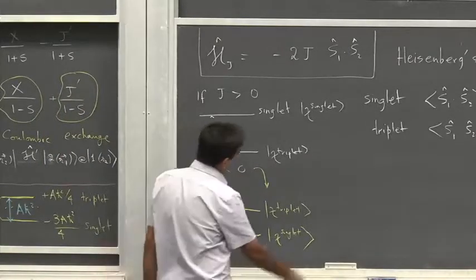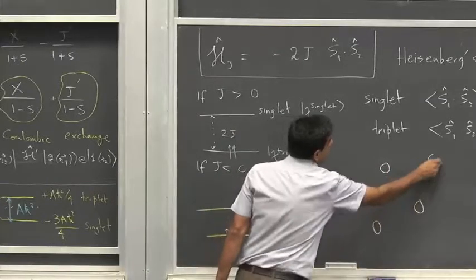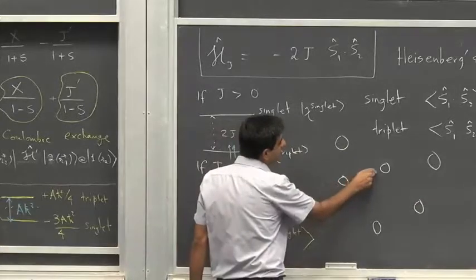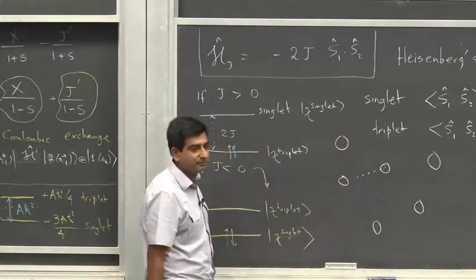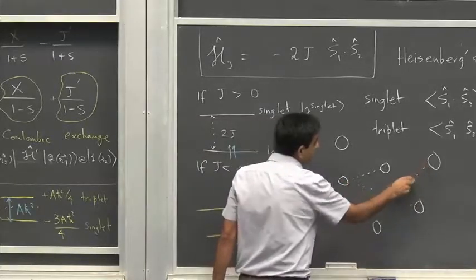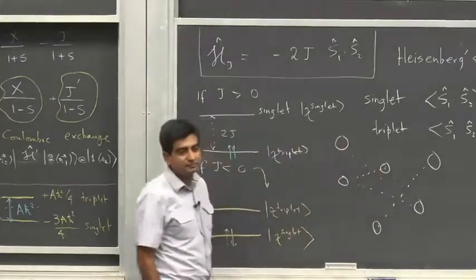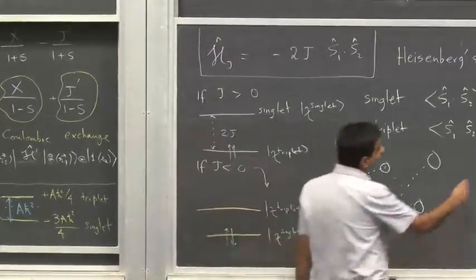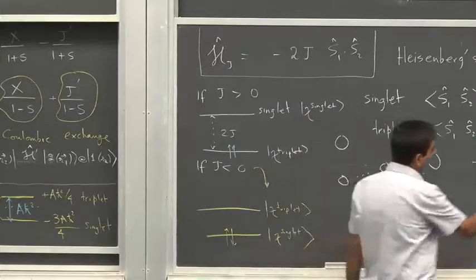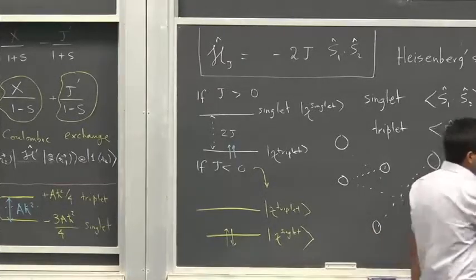So if you have, say, a large number of spins, say in a solid, and there are neighbor-to-neighbor interactions, or there are interactions between two nuclei, and all the interactions are pairwise, then the exchange Hamiltonian for this system can be modeled as minus 2 times Jij.